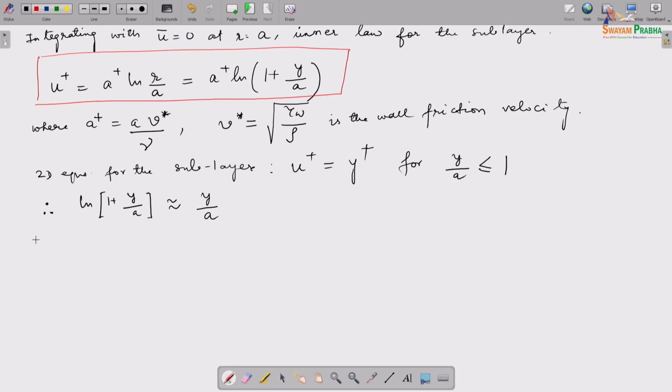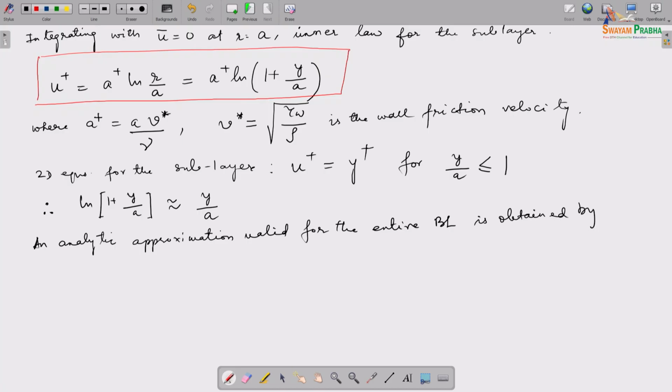An analytic approximation valid for the entire boundary layer is obtained by replacing y plus by Y. And what is that Y?